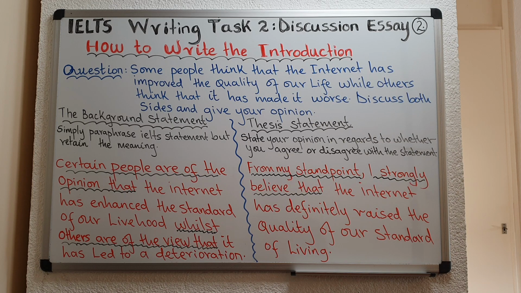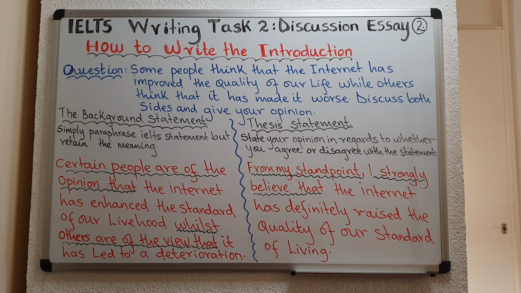Remember that your IELTS Writing Task 2 is worth 66% of your total writing marks. You will be marked on 1. Task response, 2. Coherence and cohesion, 3. Vocabulary, and 4.